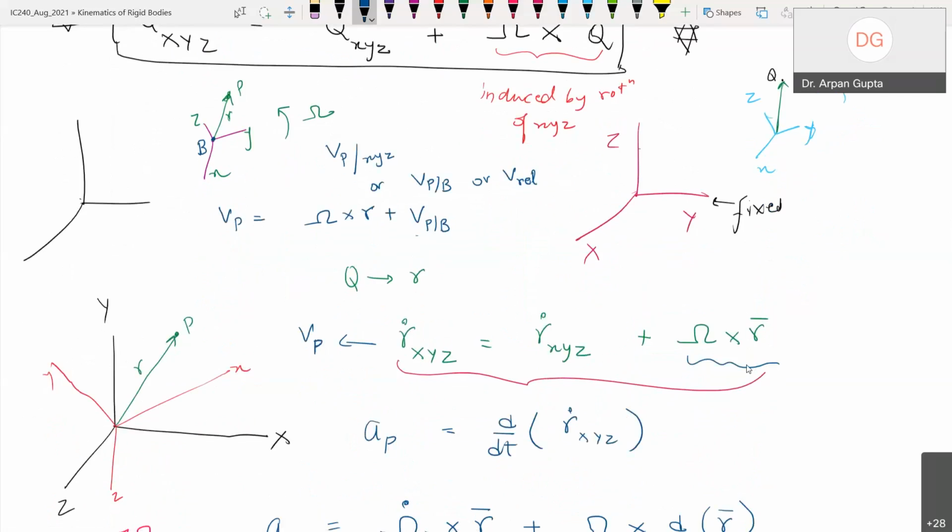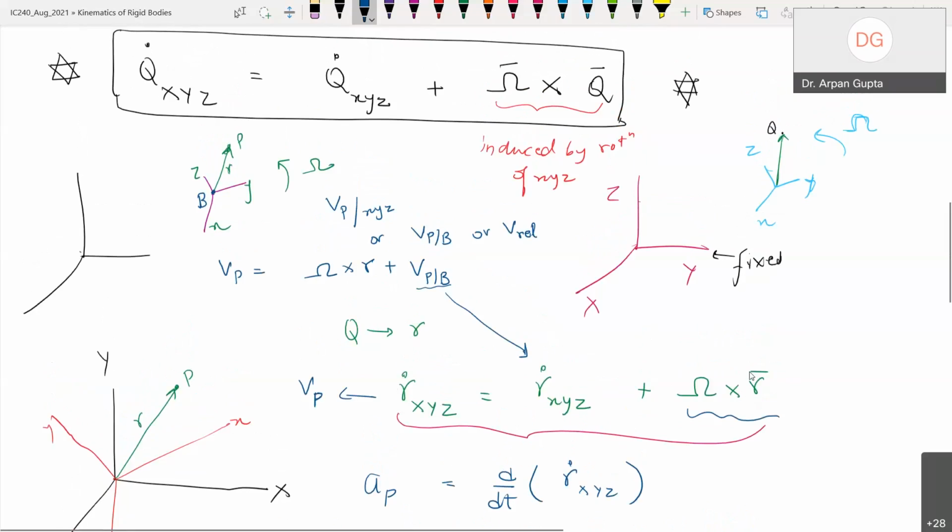This term is the same as the earlier term, and omega cross r is the other term. So this is the expression for velocity that we have derived.